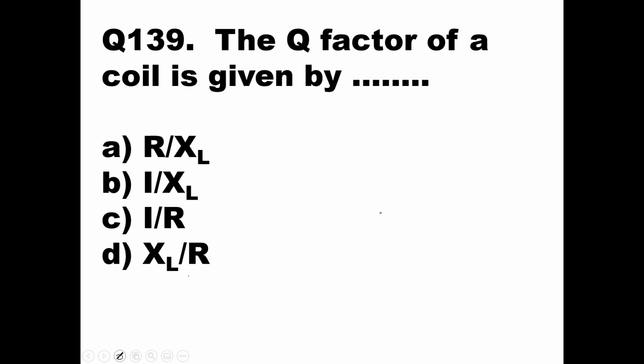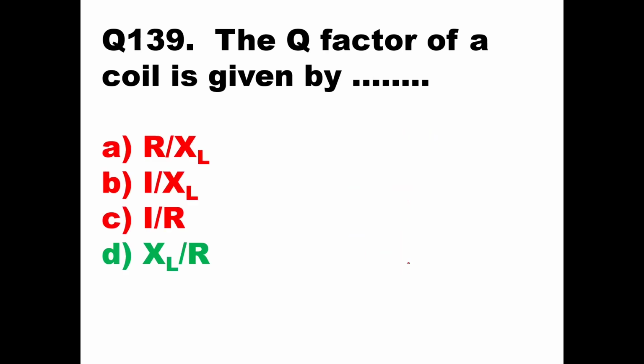So in this way, you can define your quality factor: 2 pi FL upon R, or omega L upon R, or XL, reactance of the inductance, upon resistance. So here option D will be the right answer, XL upon R.